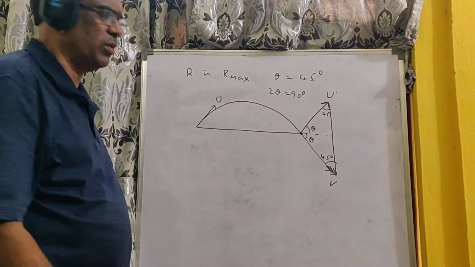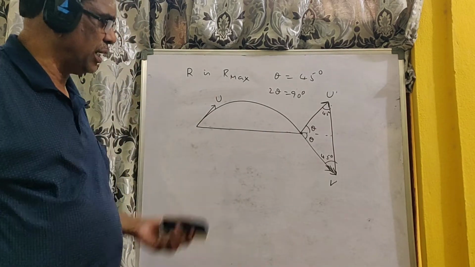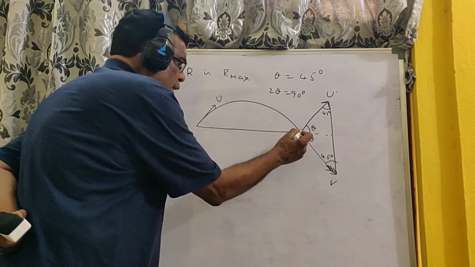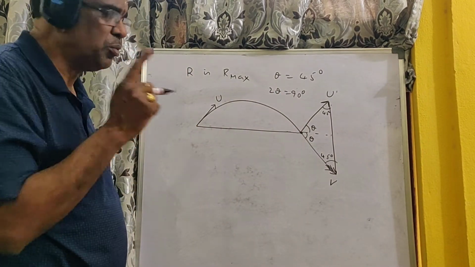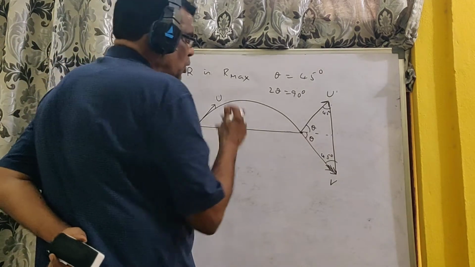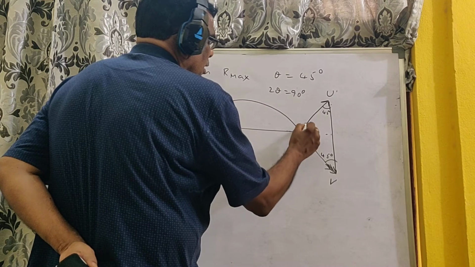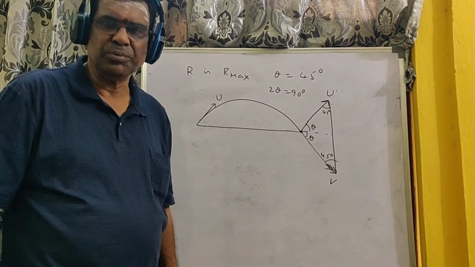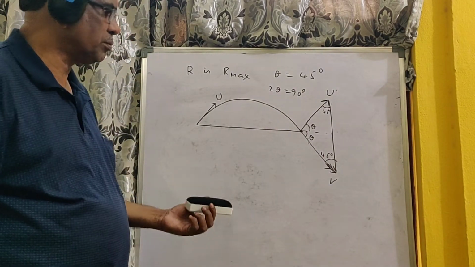In any case, whenever you get range to be maximum, the angle between these two vectors must always be 90. Then only you will have the maximum possible range.